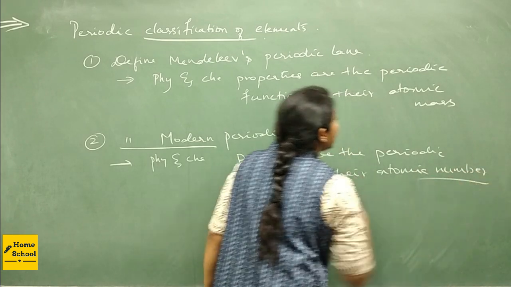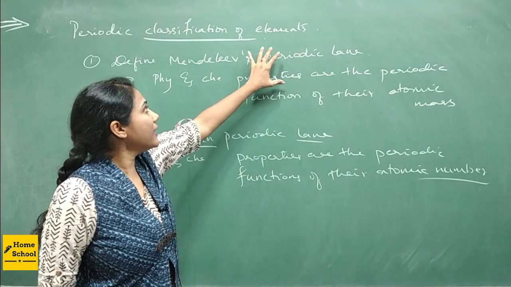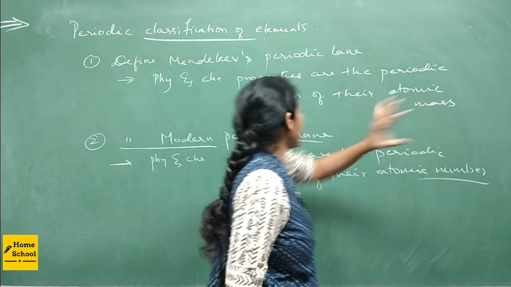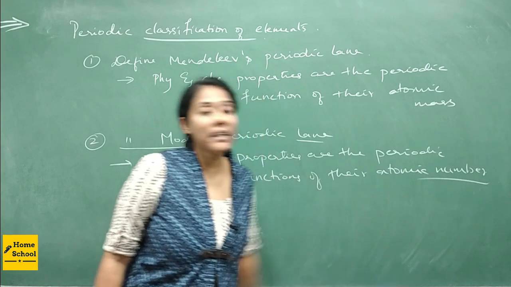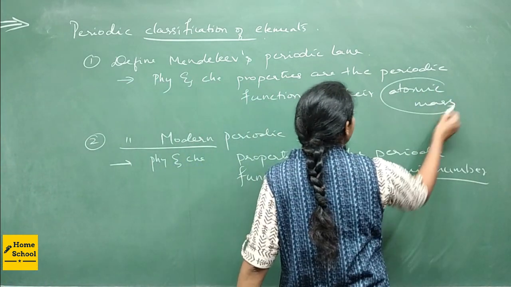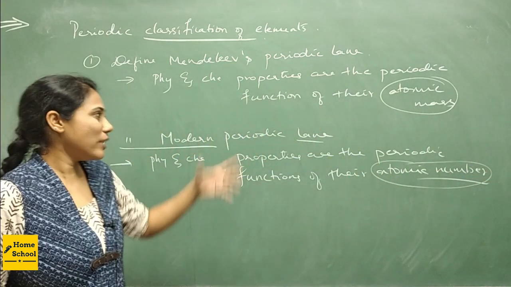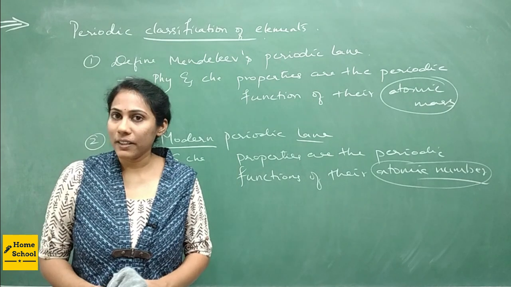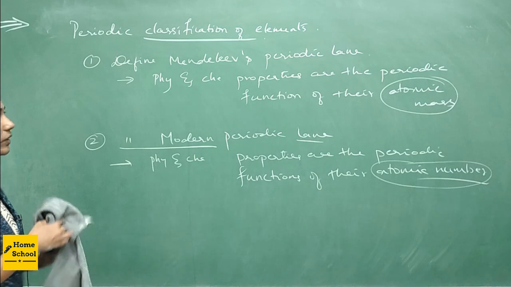In Mendeleev's periodic table, atomic mass will come. In the modern periodic table, atomic number will come. So just this last word is different. The remaining sentence is completely same. Like this you can compare and study. So these two are very important questions from this particular chapter.